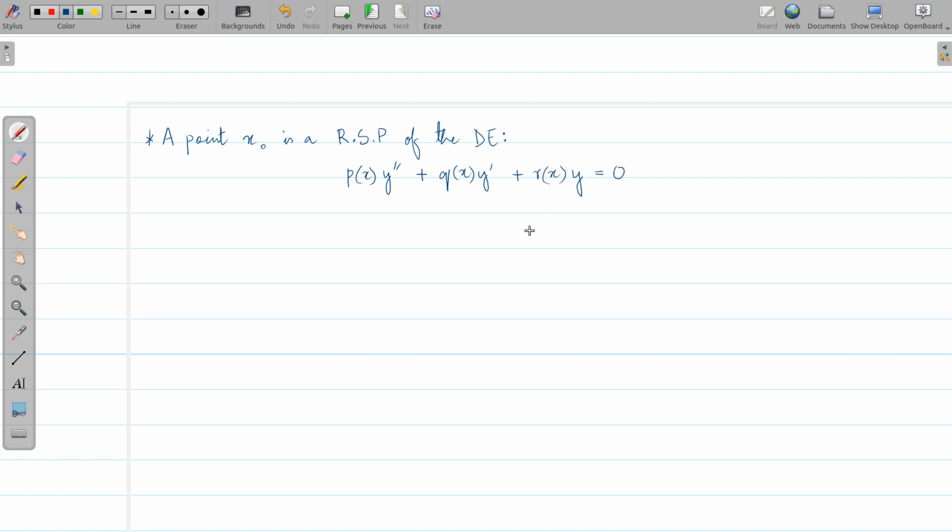So suppose I have a differential equation of this form. A point x naught is a regular singular point of the differential equation if the following two conditions hold good.